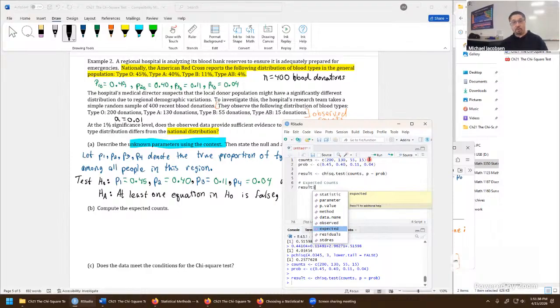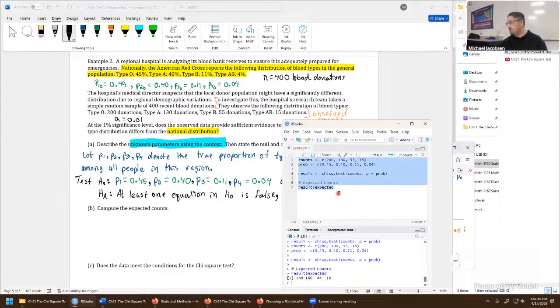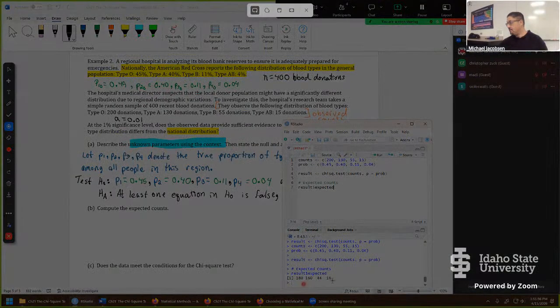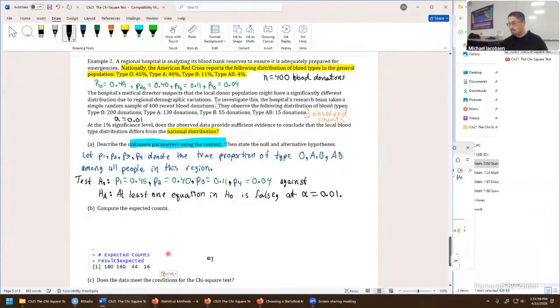Expected, that's what we wanted, the expected counts, if the null hypothesis is actually true. So go result, dollar sign to select one thing stored, the expected counts, run the whole thing, and there they are, 180, 160, 44, 16. Let me just write here in ordinary words, the expected counts.